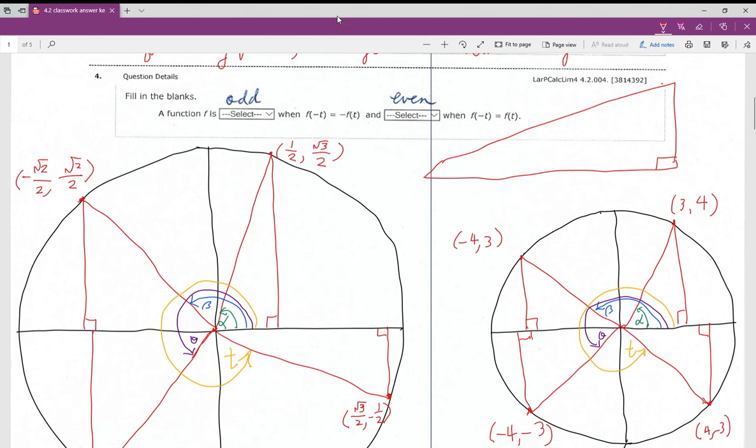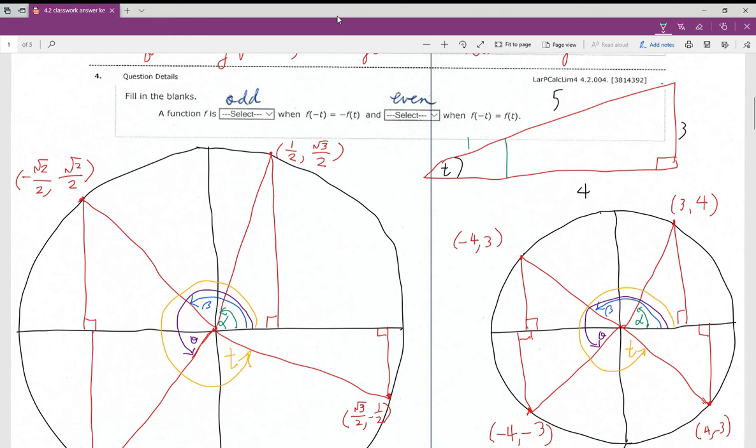So, in other words, if you have 3, 4, 5 with whatever the angle t, okay? If you keep the same angle and you divide by 5 for the r, then you are going to have a smaller triangle. Say this is 1.